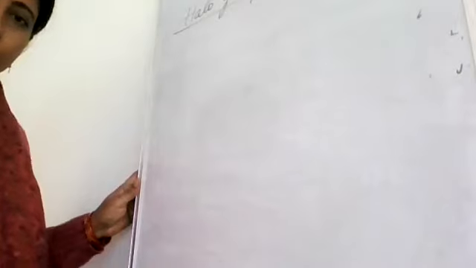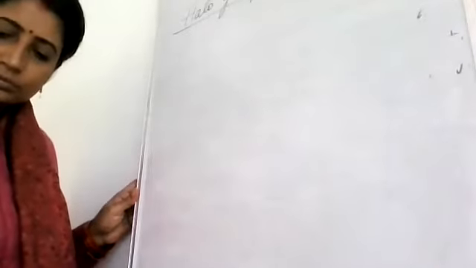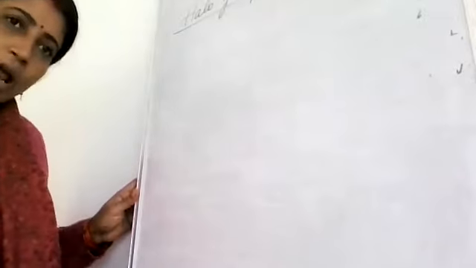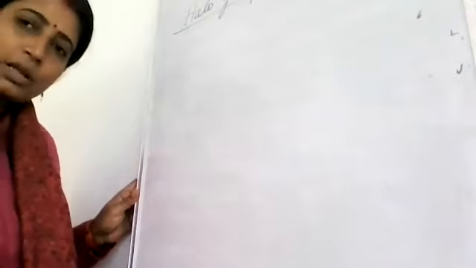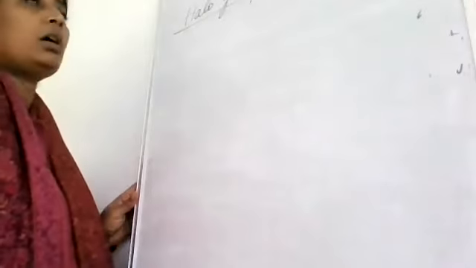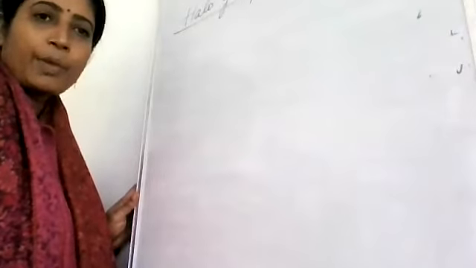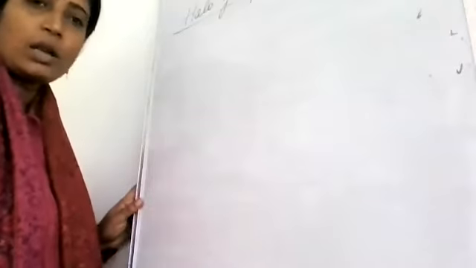Halo means salt, halogen, which forms salt. Halogen means the element which can form salt by combining with metal.